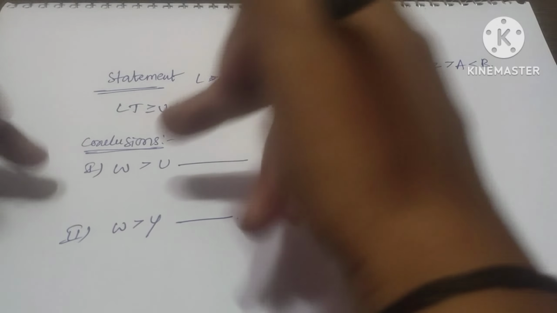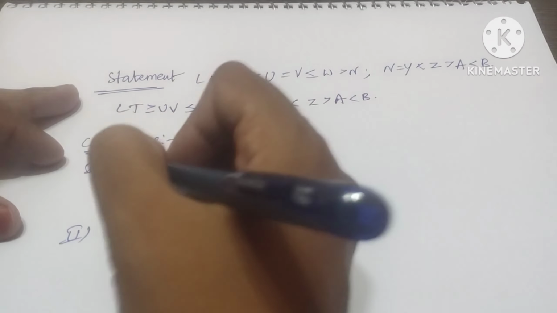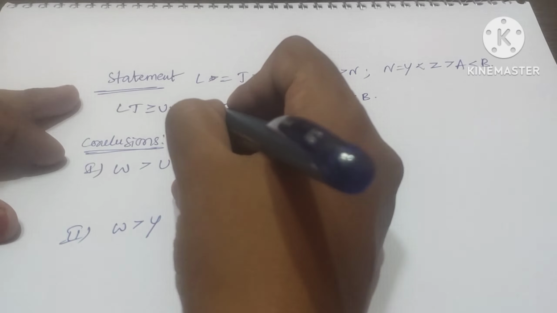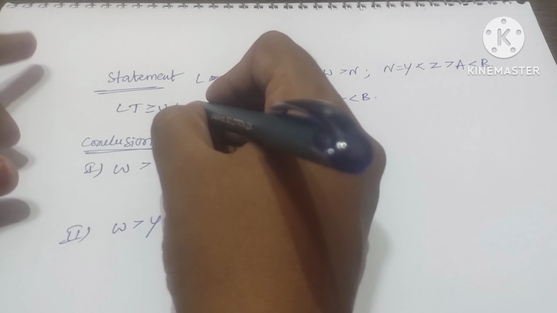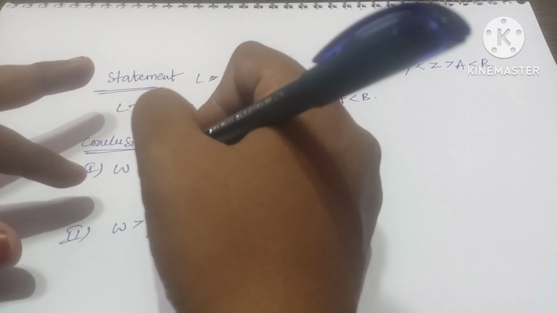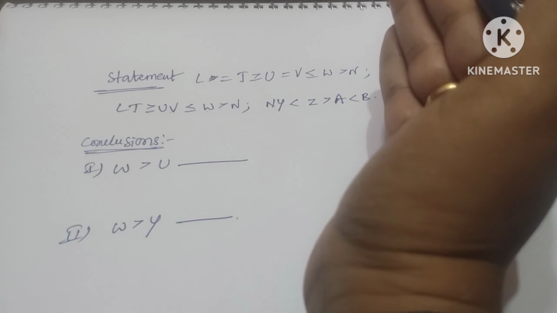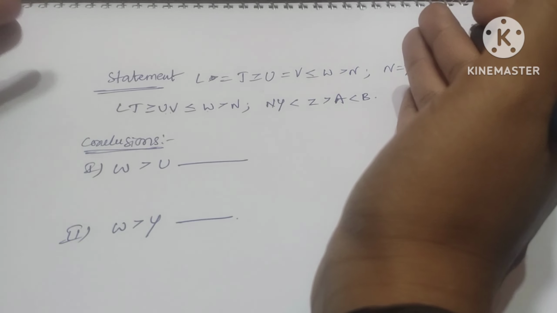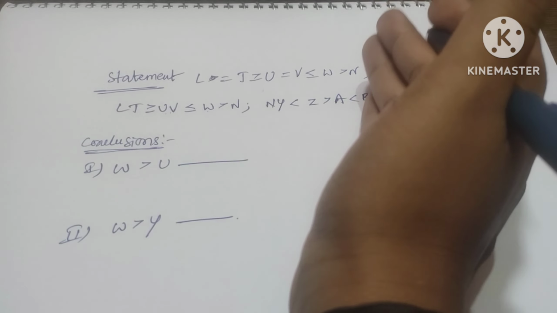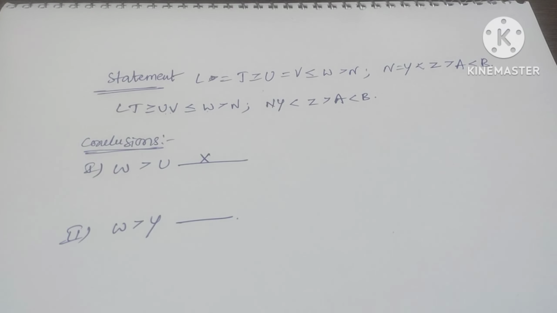We can solve this conclusion with the first statement itself. Now W is greater than U. W is here, U is here, and between them there is less than or equals to. If the conclusion were W is greater than or equals to U, then it would follow. But here W is greater than U, so the conclusion does not follow.